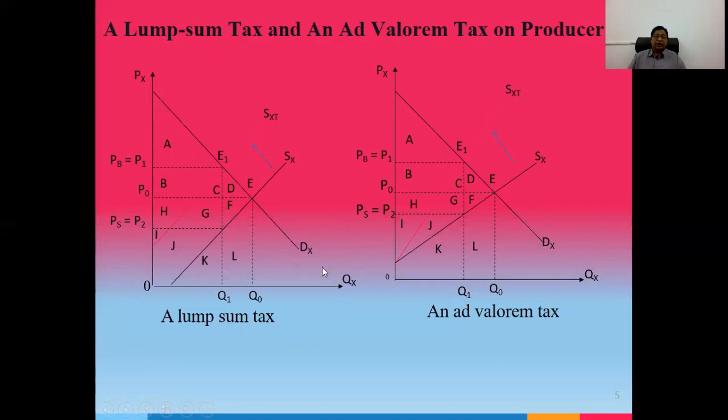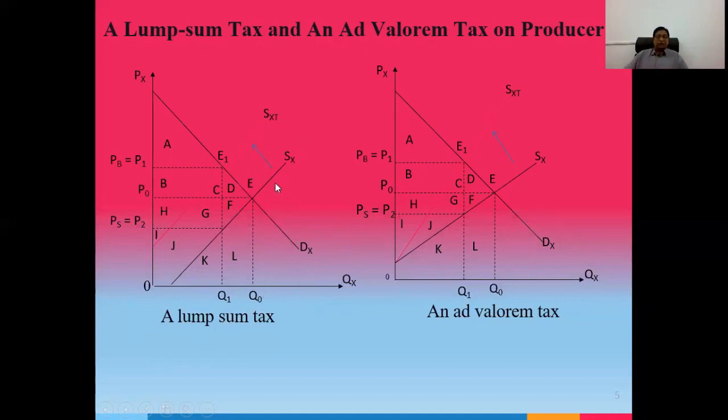This is the initial demand curve of this commodity, DX, initial supply curve, SX. Then initial equilibrium occurs at point E. Initial equilibrium price is given by P0, quantity produced is given by Q0.